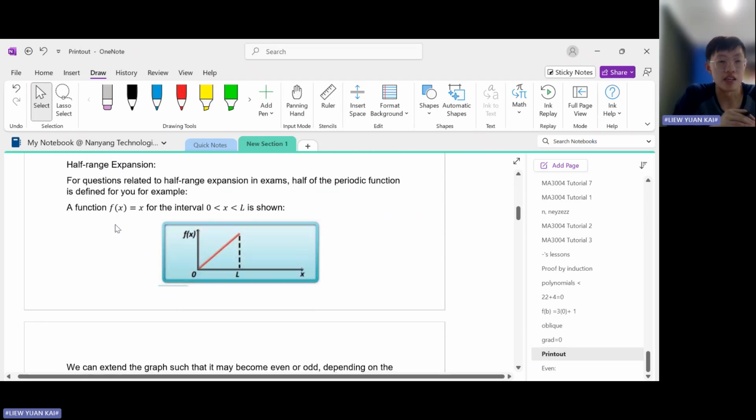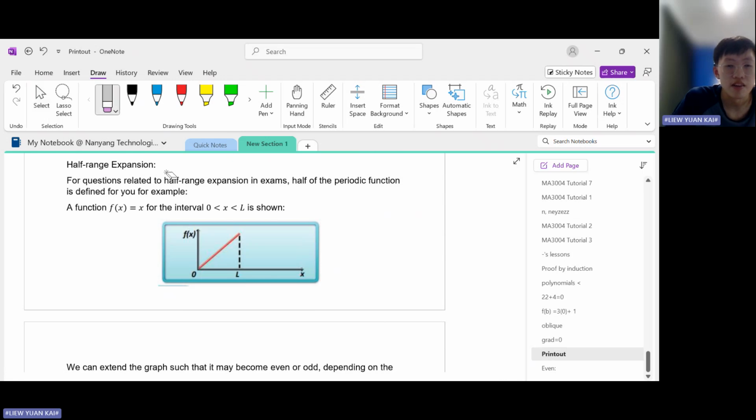So let us investigate half-range expansions. What is this topic? For questions related to half-range expansion in exams, half of the periodic function is defined for you.